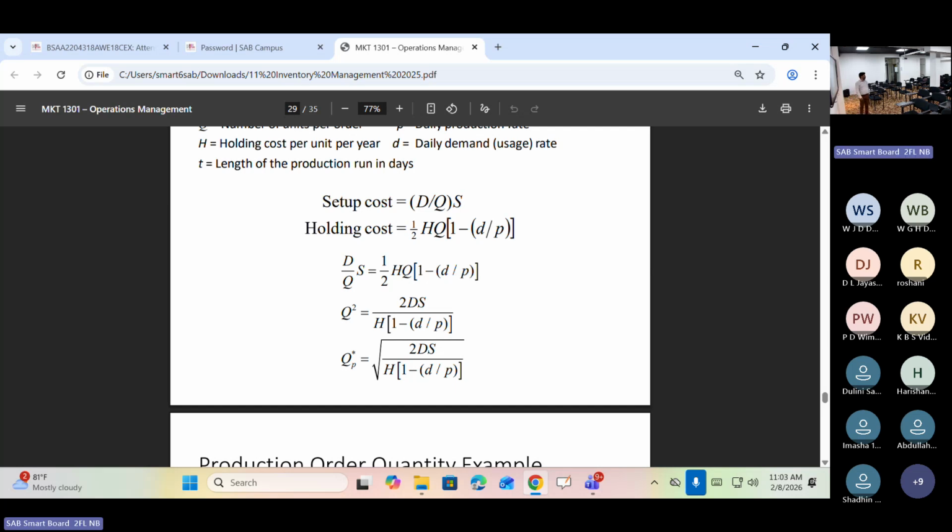I hope that is clear. Calculate the EBQ. Have you done that part?